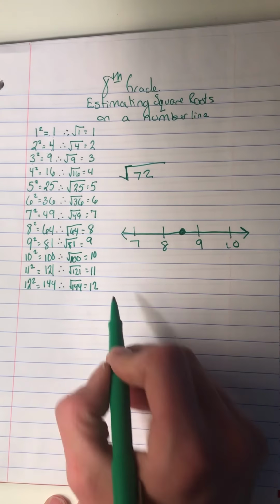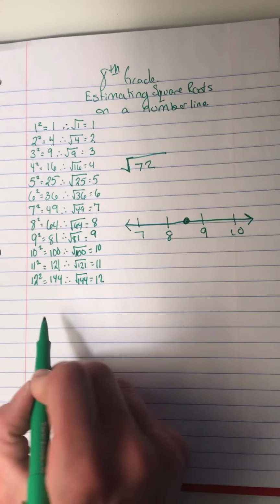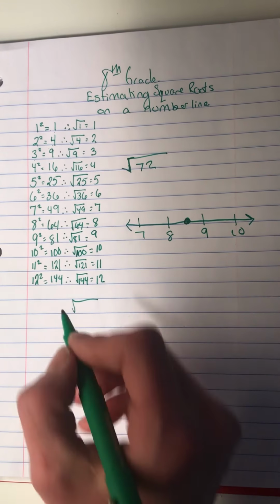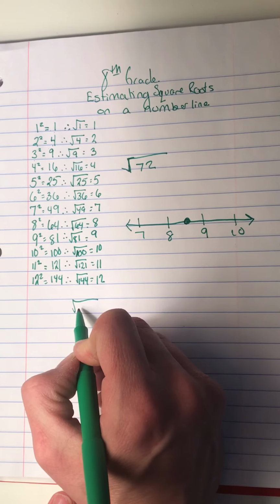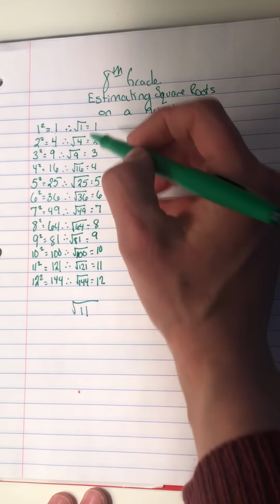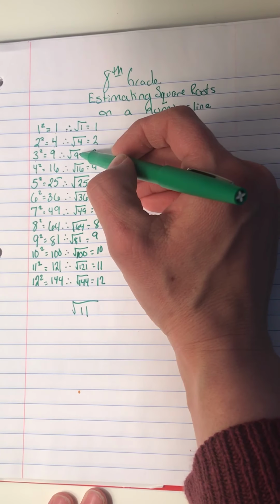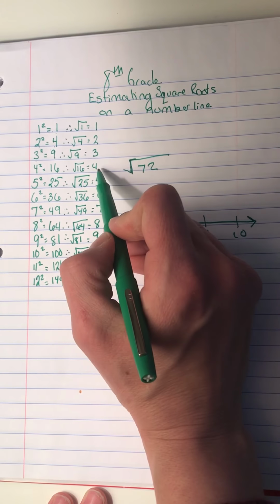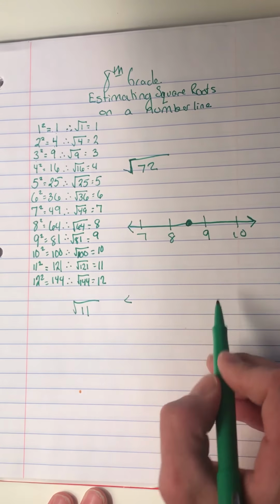Let's do one more. So say you have to find the square root of 11, okay? So I'm going to look here, and 11 is somewhere in between 9 and 16. So the square root of 9 is 3, the square root of 16 is 4.